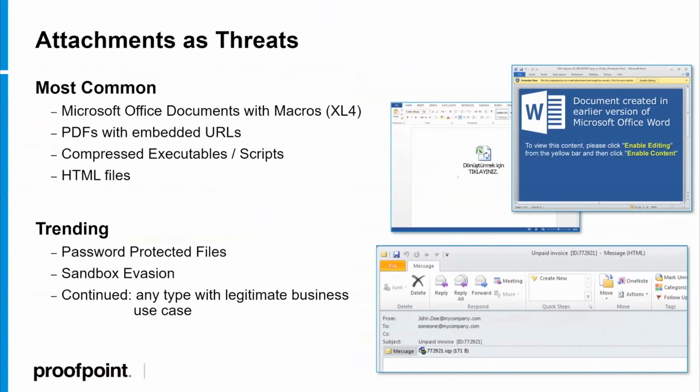So then the most common type of attack is going to involve an attachment in the actual email, right? And so again, we see the legitimate business use cases dominate. Microsoft Office documents, Word and Excel, PDFs, these types of things.